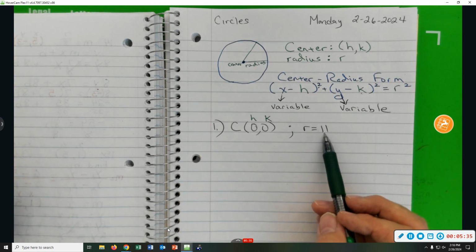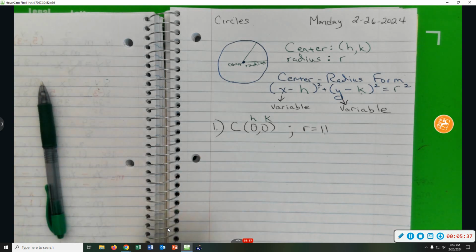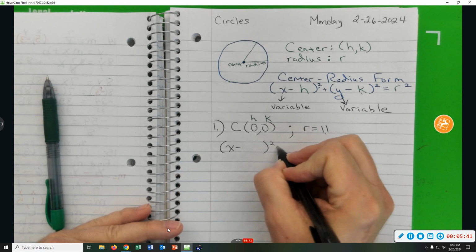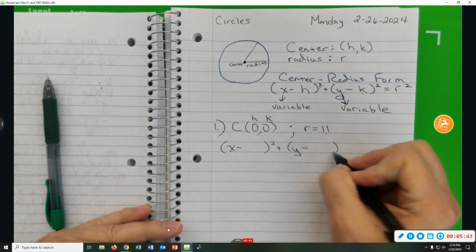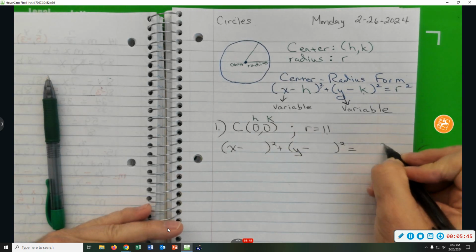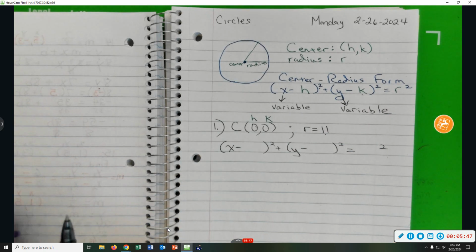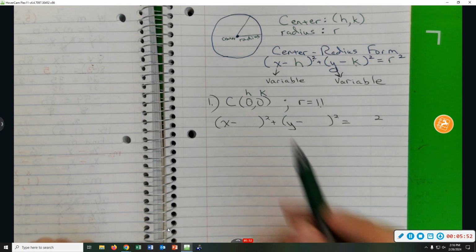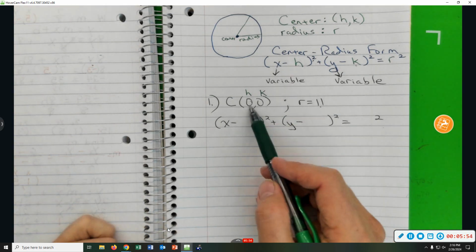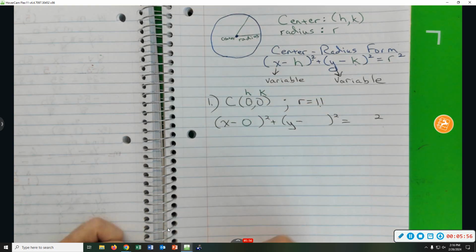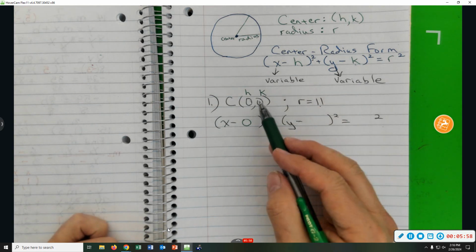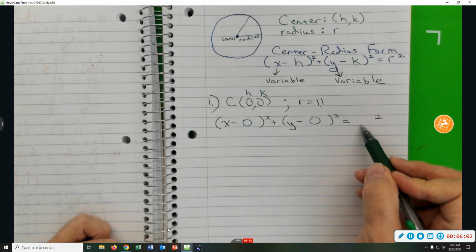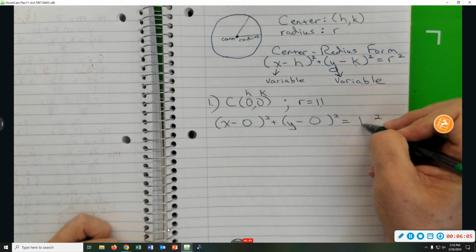Now, obviously, the radius is 11. So I'm going to write out x minus, I have a y minus, and on the right-hand side, I'm going to be squaring the radius. I need an h there, so that's a 0. y minus, k is 0. And what am I going to square here? 11.